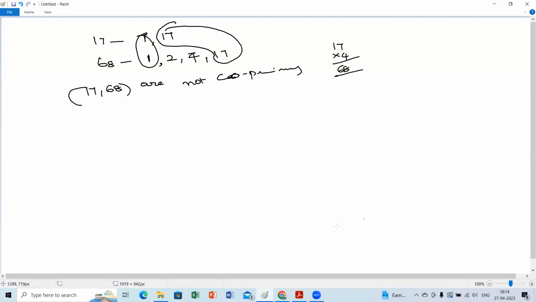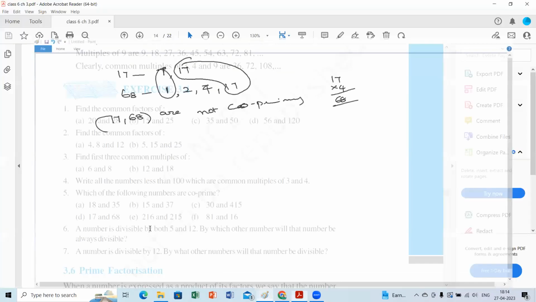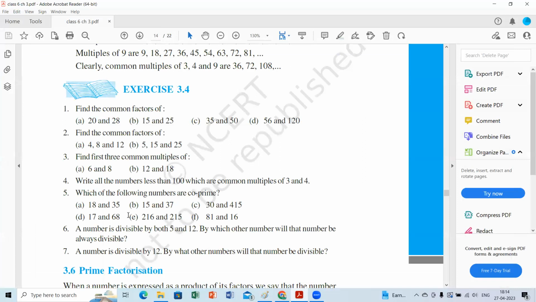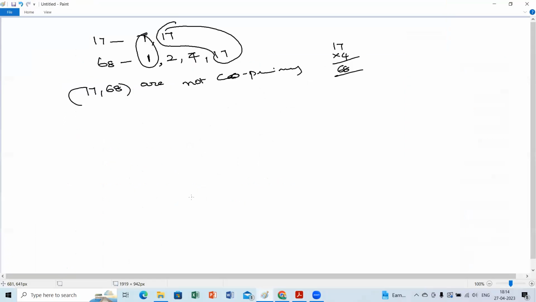Next question to the student. Adrit. Yes, very good, Adrit. Aishwarya, please respond. 215 and 216. By looking only, you can say this.